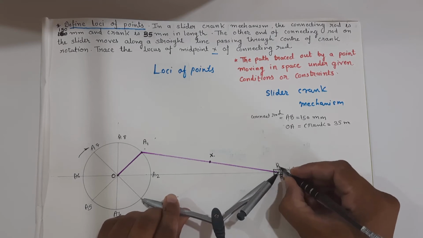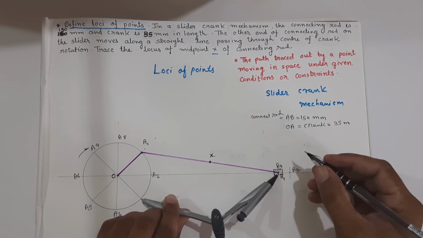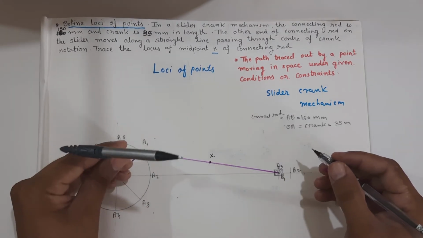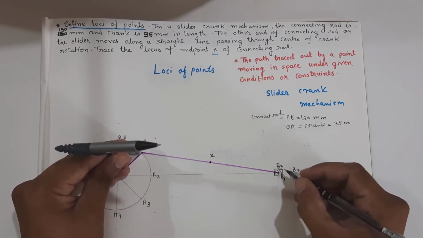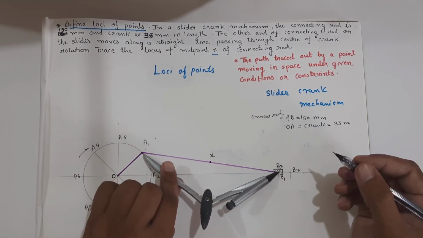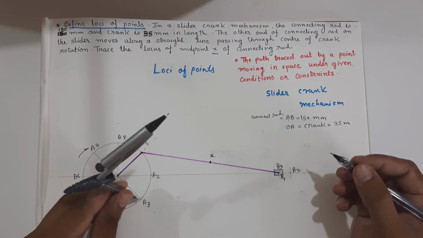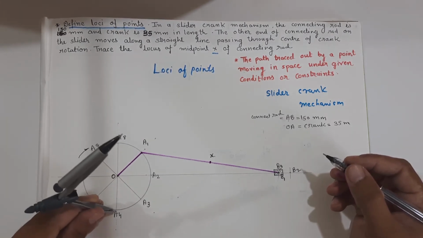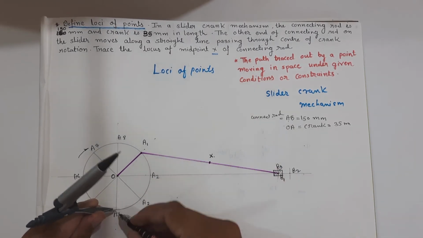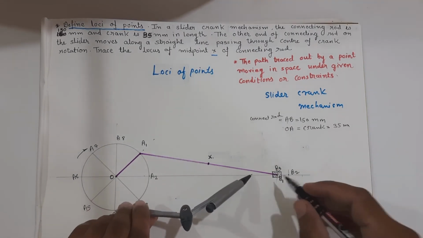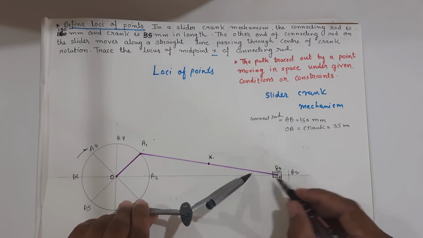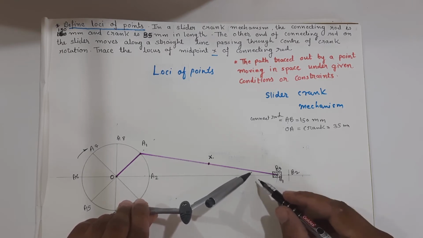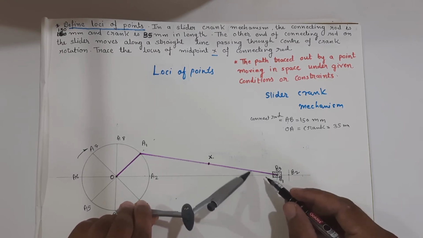So this will be B3. So we will get the positions of B1 and B3 at the same point, from A1 to B1 and A3 to B3. Now whenever the crank reaches A4, B will slide to the left-hand side over here.